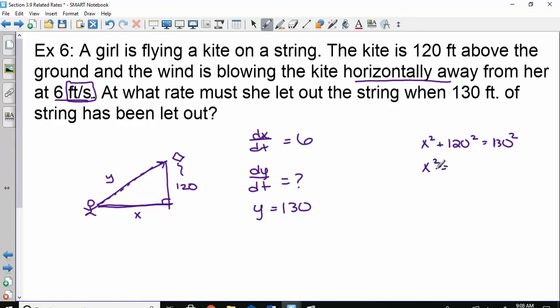So 130 squared minus 120 squared. Square root, and x is 50.